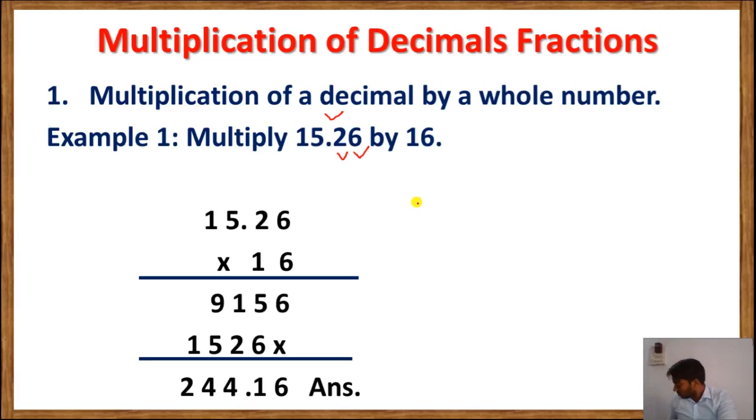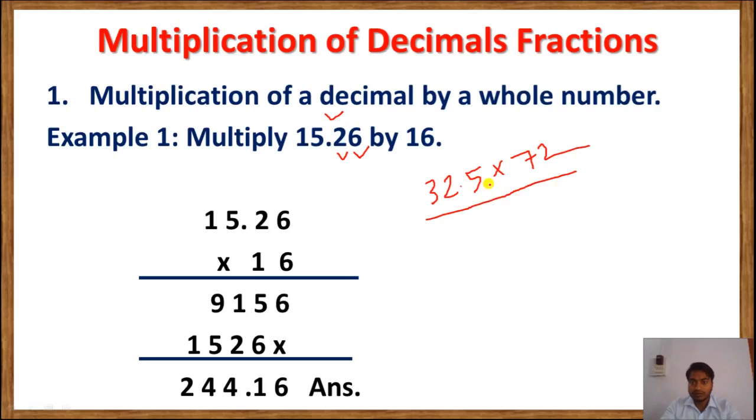Now let me solve one more example for you. Suppose we have 32.5 into 72.